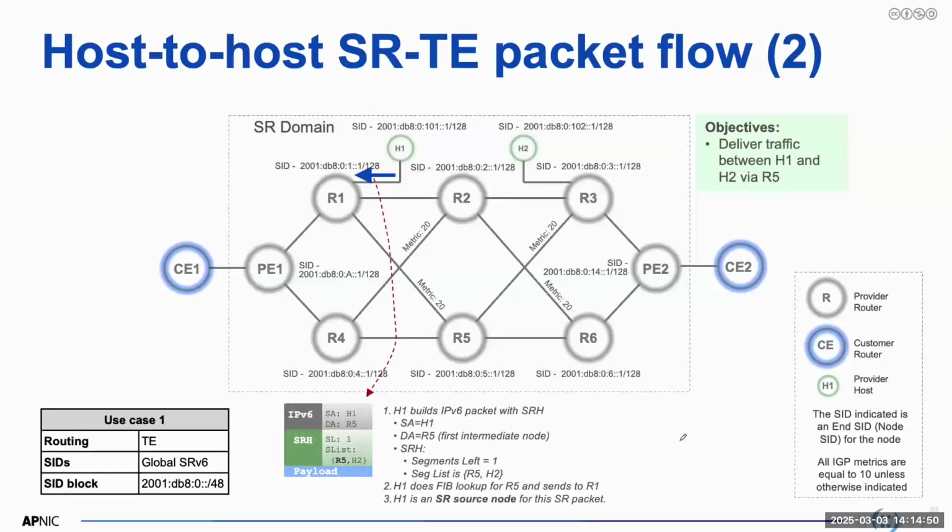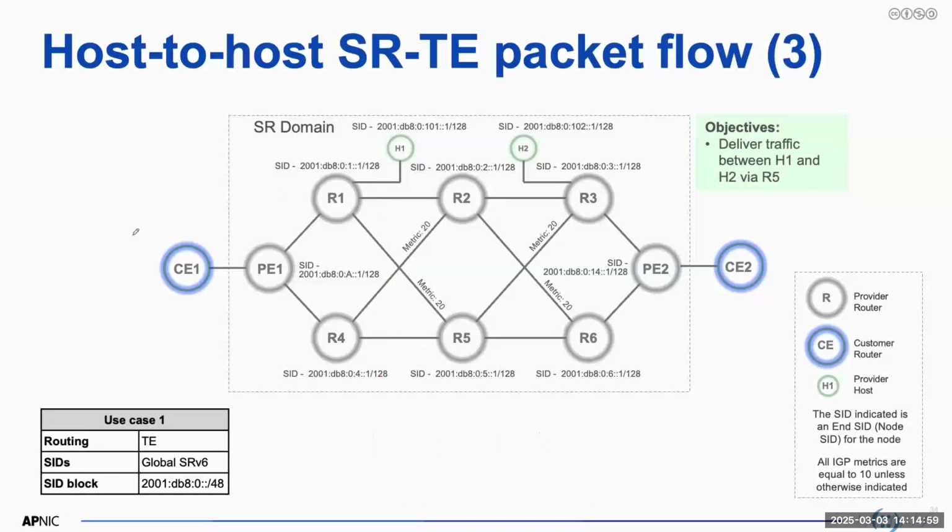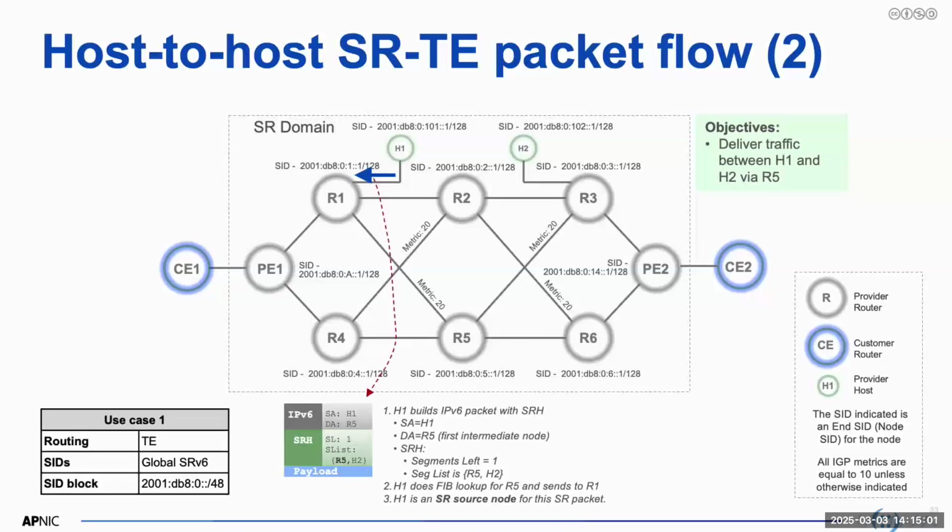This is the header it has built, and the destination address is R5. The packet goes to R1. R1 will look up the destination address, R5, so it will forward the packet to R5. R1 will not process the segment routing header because the destination address is different from its local address.